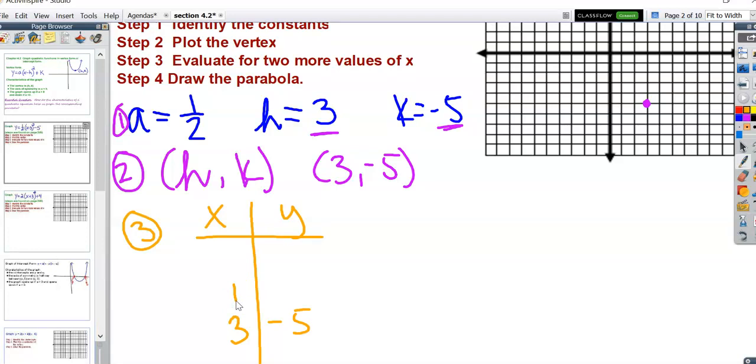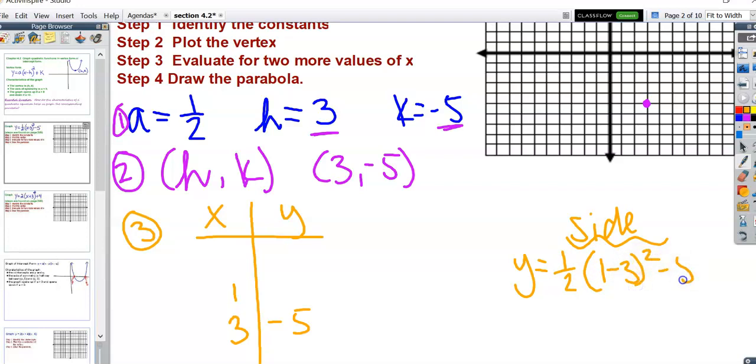Because when we substitute 1 into the equation, I'll do that off to the side. We're going to have y equals 1/2 times 1 minus 3 squared minus 5. If you do 1 minus 3, you get -2. -2 squared makes 4.